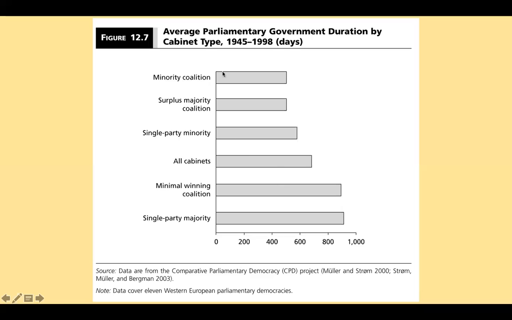All the way at the other end, you find a minority coalition, and you discover that the governments that last the shortest amount of time, I should say, sorry, can't talk today, are those minority coalitions. And you can understand why.